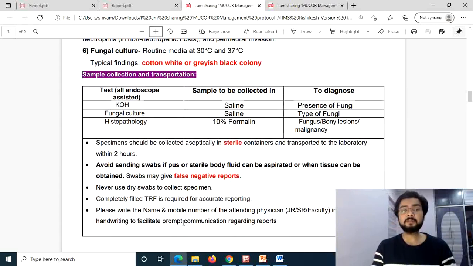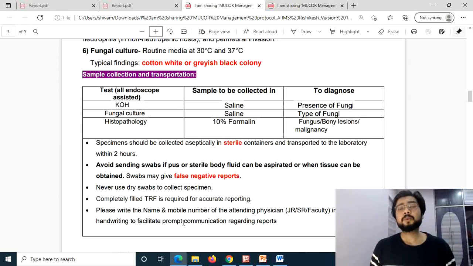All the smears and staining should be collected in saline, to diagnose the presence of fungi. For culture, again, it is to be given in saline for diagnosing the type of fungi. For histopathology, it should be given in 10% formalin for seeing whether it is fungus, bony lesion or any malignancy.